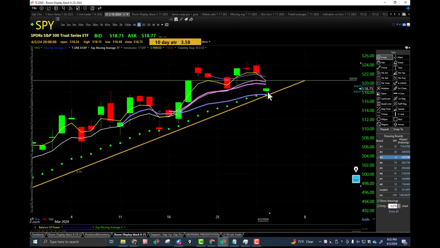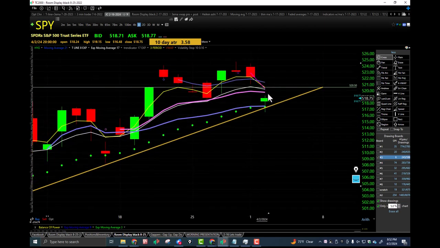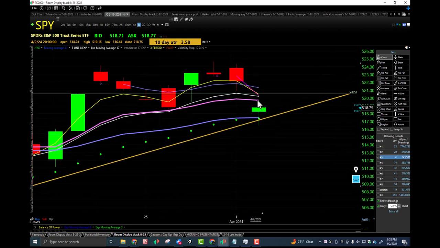Okay, you see that? We hit diagonal support. So now we're going to come back up and test one of these anchored VWAPs. And if we bull flag underneath it, or hopefully on top of it, then we'll be climbing up some breakdown candles and filling the gap. All right, that's what we're looking to do.